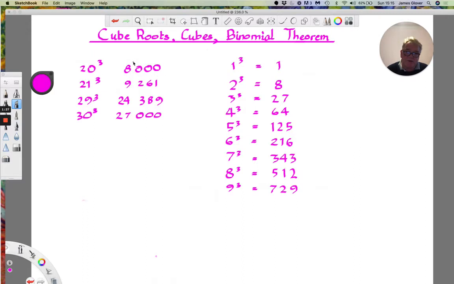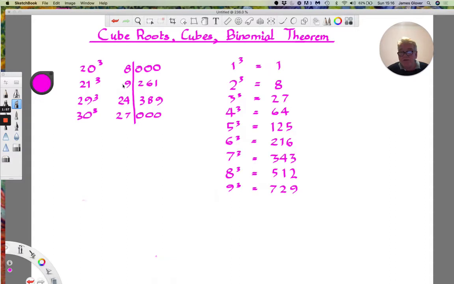If we partition the numbers so that there are 3 digits after the partition, and look at the numbers before, you will see they range from 8 up to 27. So on all the cubes of numbers between 20 and 30, the minimum value will be 8,000, the maximum value will be 27,000.